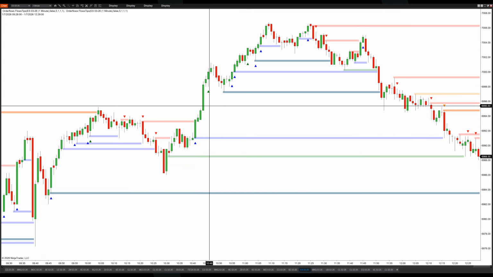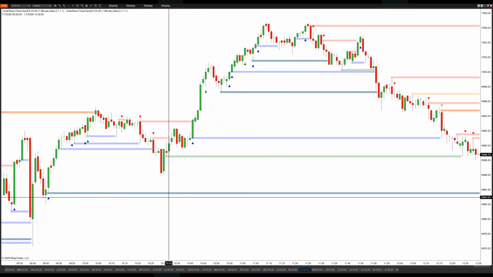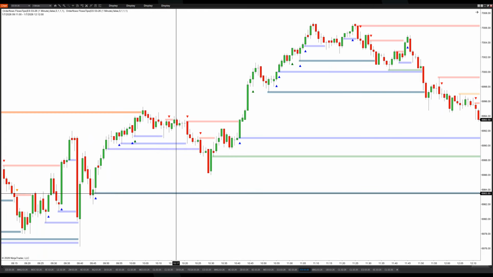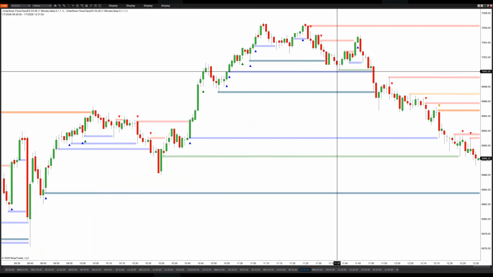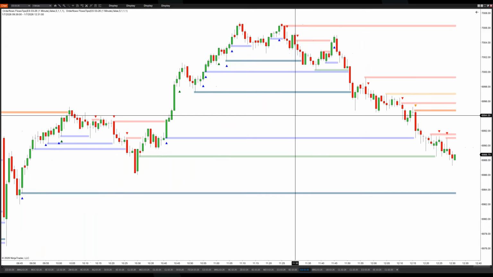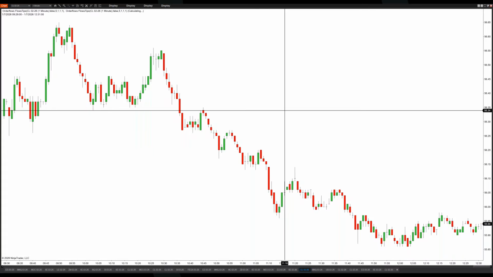So you can see blue is 5-minute, and some of these are a different color blue because probably the signals are aligned. That's why it's overdrawing, so it's a different color, with the 5-minute and 15-minute chart. But let me pull up crude real quick here, and I'm going to make one change.